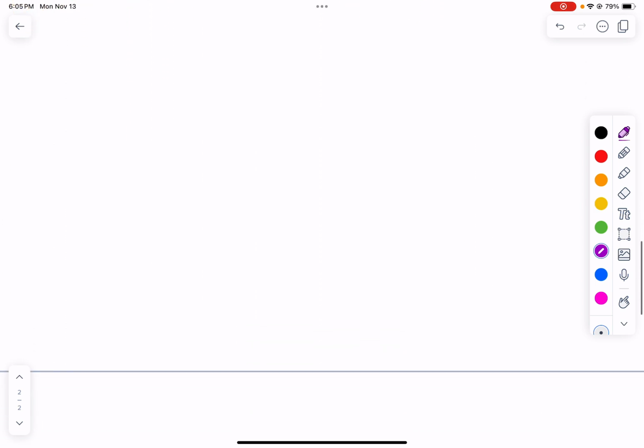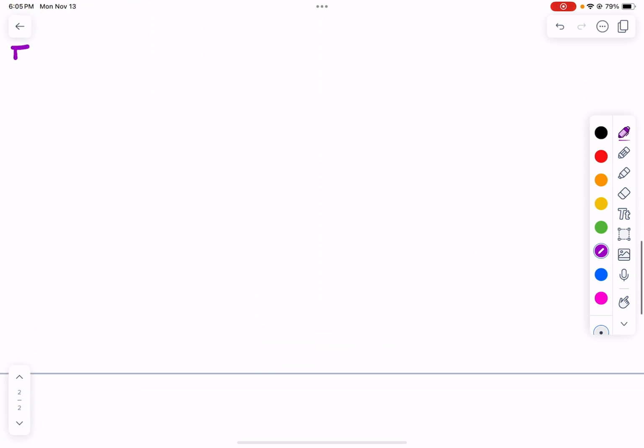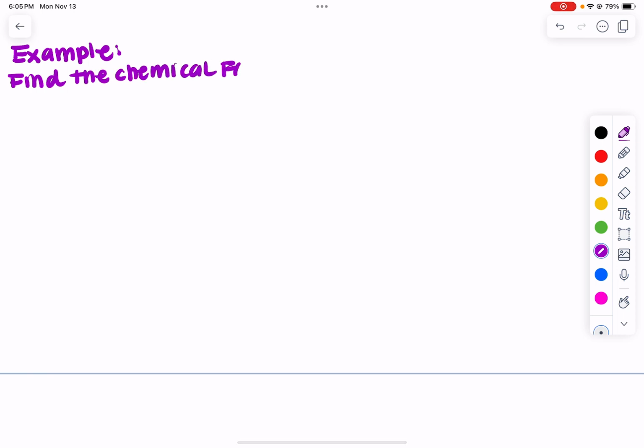So, as an example of finding the chemical formula, let's see if we can find the chemical formula for, let's just say, dopamine.